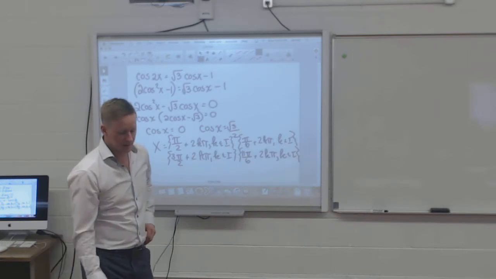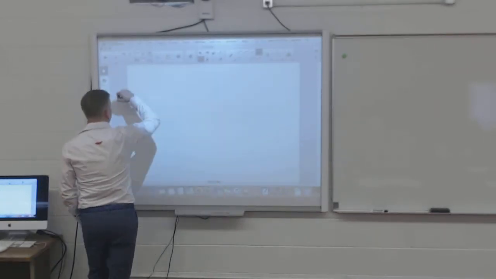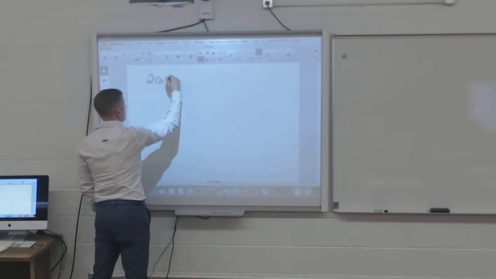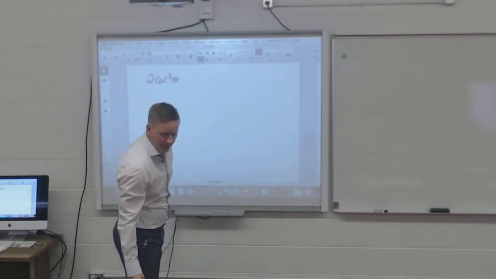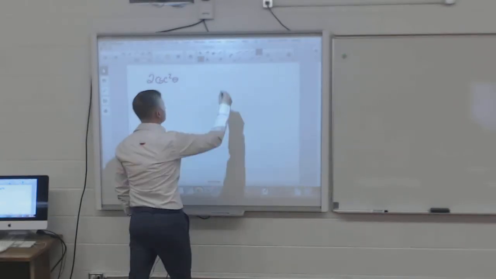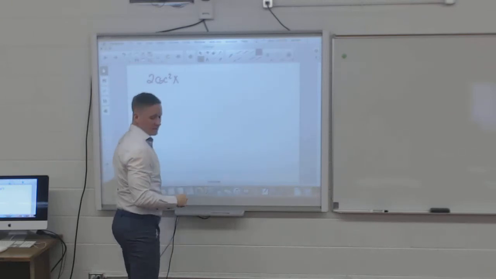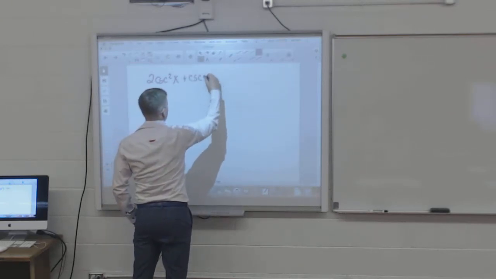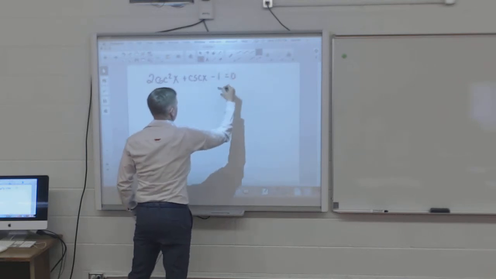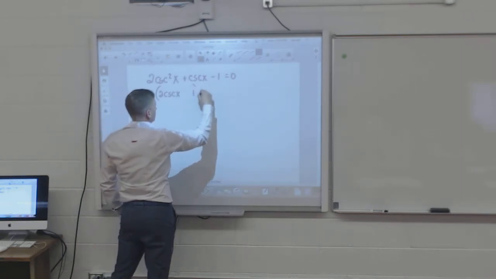The last one is a reciprocal one. So I have 2 cosecant squared x plus cosecant x minus 1 equals 0. First thing you're going to do is factor.